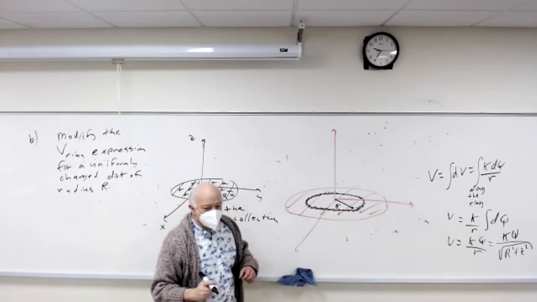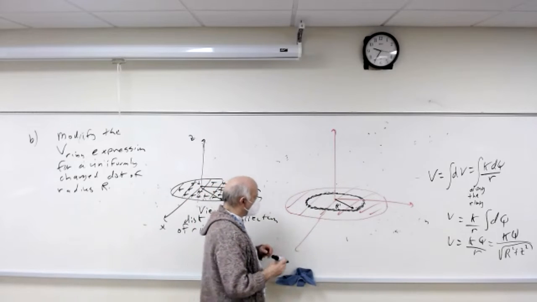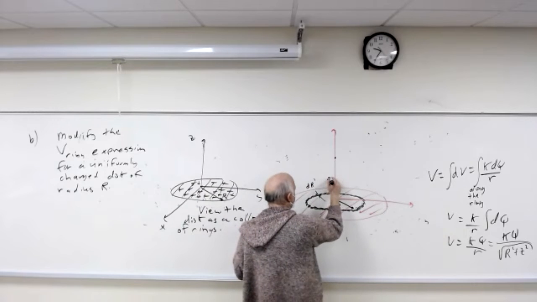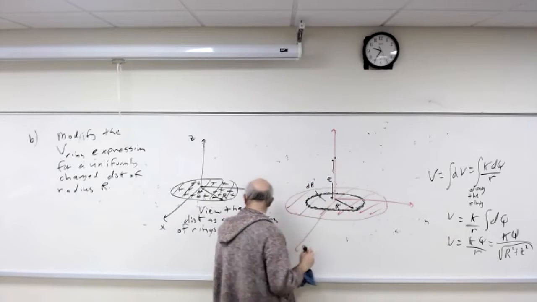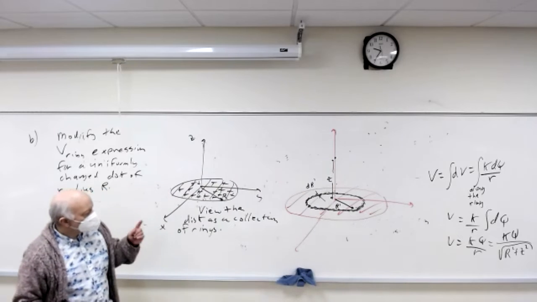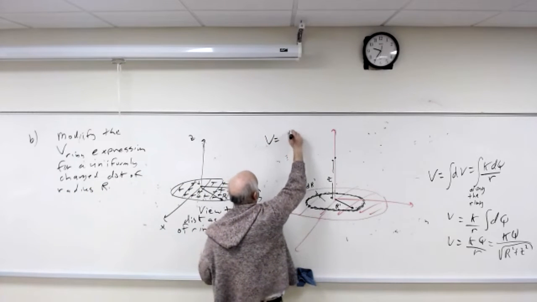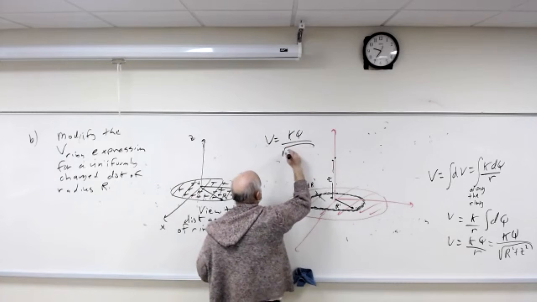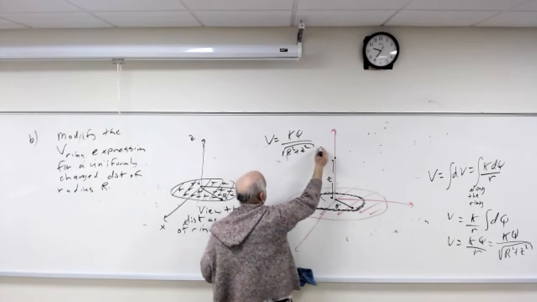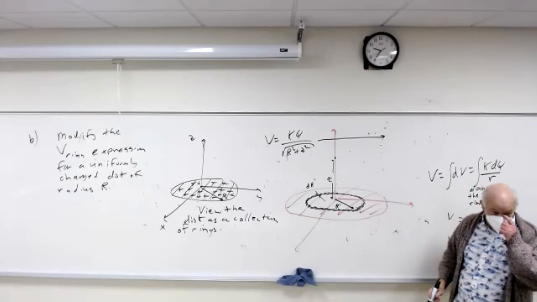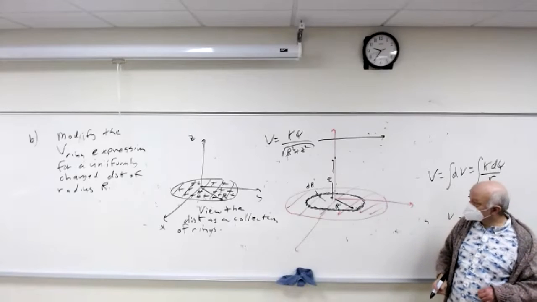What will I call the thickness of my little ring? dR prime. So what I have to do is take this expression here and modify it for this picture over here.